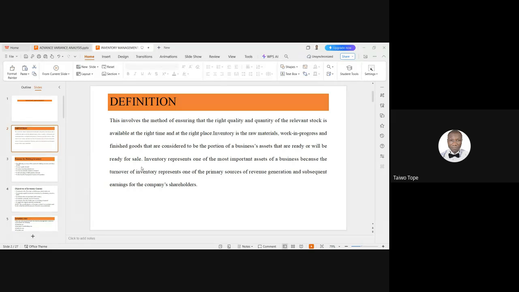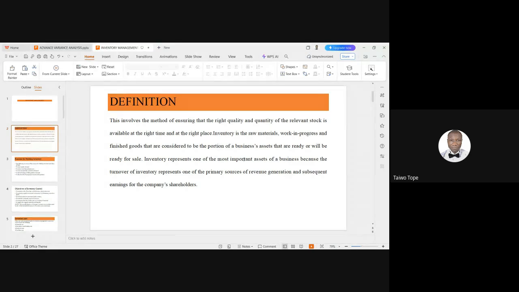So let me speak to my slide. Based on the slide, I put that inventory management involves the method of ensuring that the right quality and quantity of the relevant stock is available at the right time and at the right place.